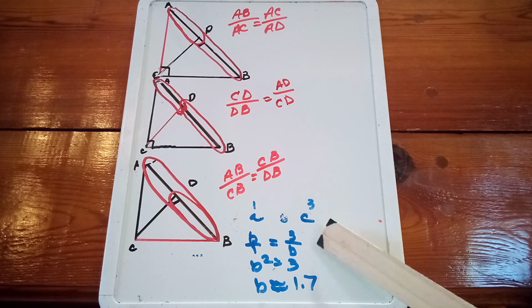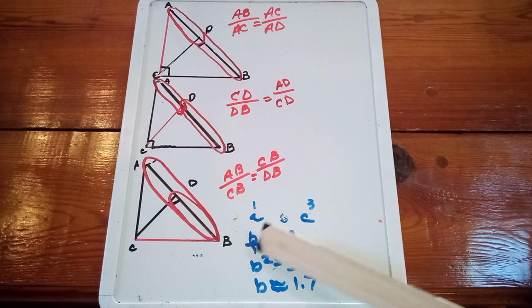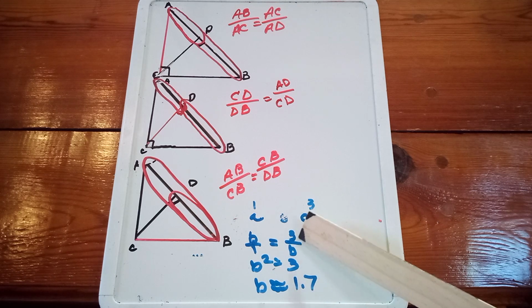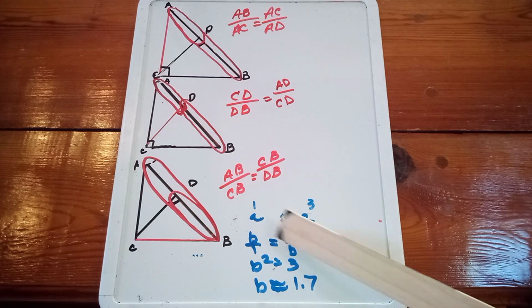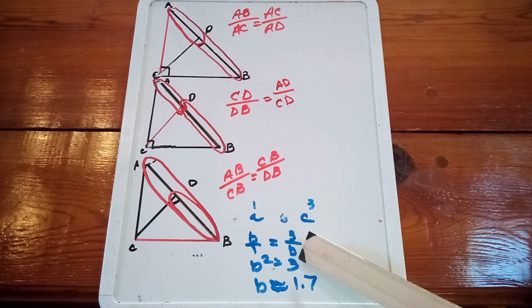To solve, b is set up twice in our ratio, and then a and c would be set up like this. So therefore, we cross multiply. b times b is b squared, equal to 3 times 1, which is 3. b is equal to the square root of 3, or approximately 1.7.